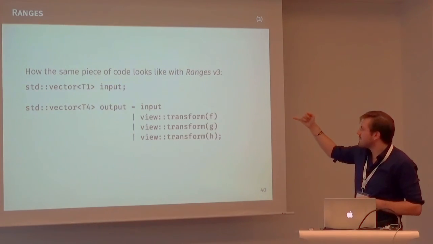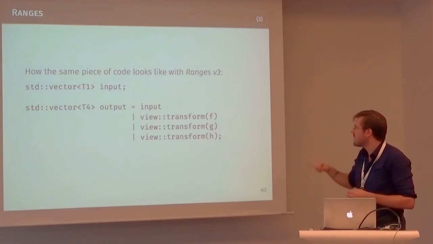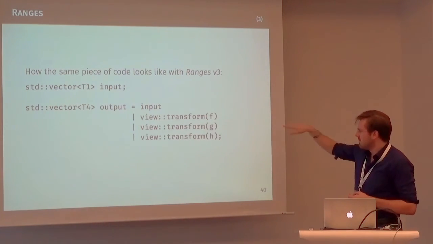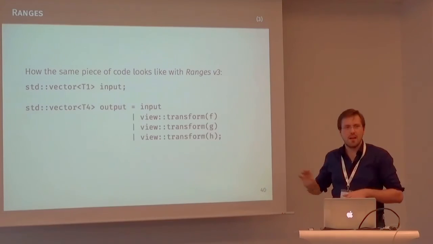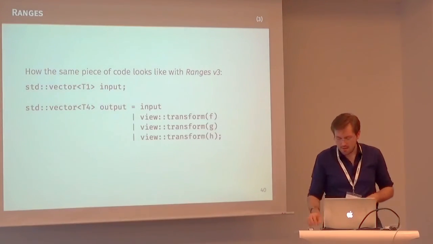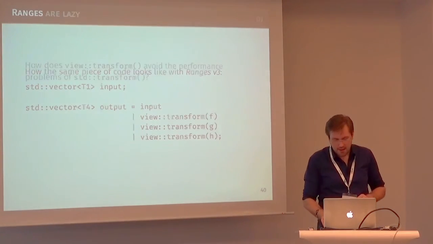So we can clearly state what the steps of the computation are. We can compose 3, 4, 5, 100 transformations without risking anything, and the result is still fast, okay?